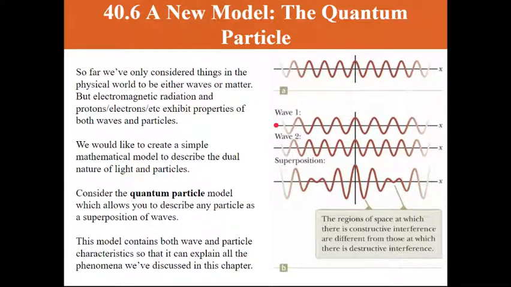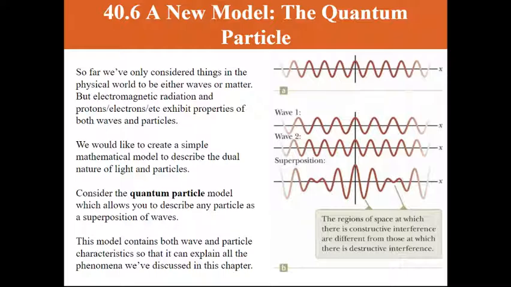Anyways, one last section for now. We're going to introduce a new model to describe particles. Since we now established that electrons, protons all have wave properties as well, clearly the model of a particle in space isn't enough to fully describe them.